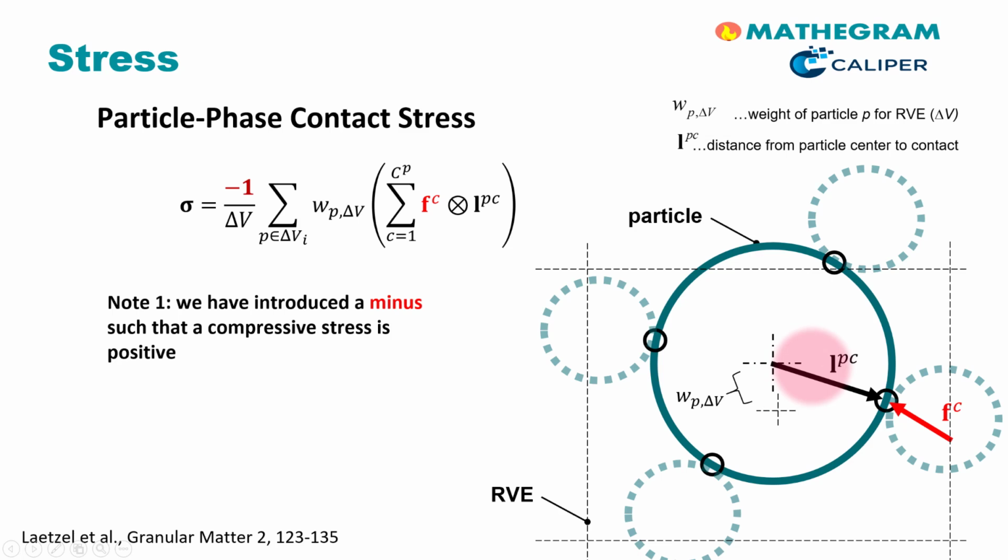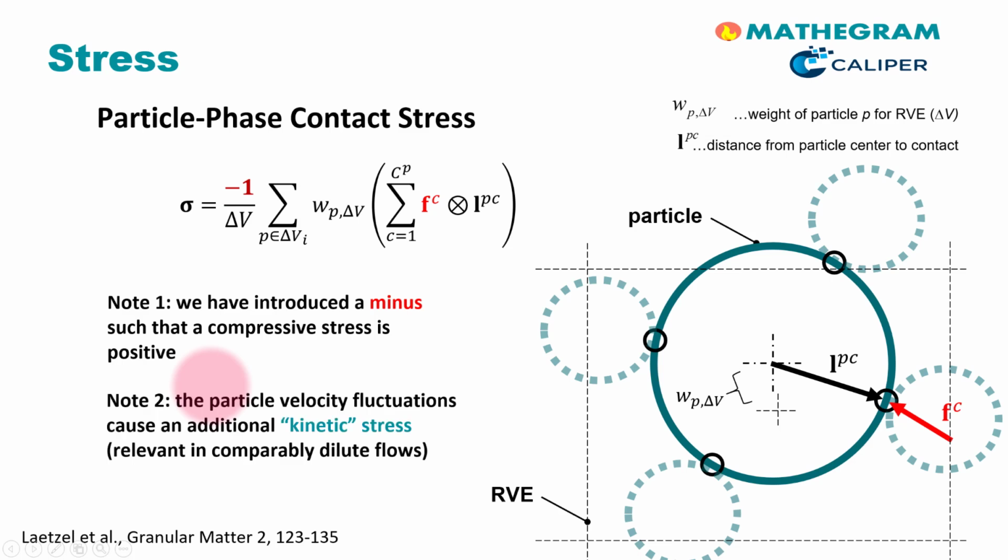Let me close with 2 notes. First, we have introduced a minus in the above equation such that the compressive stress is positive and a rarely observed stretching stress would be negative. Second, what I have shown here is only the contact stress.